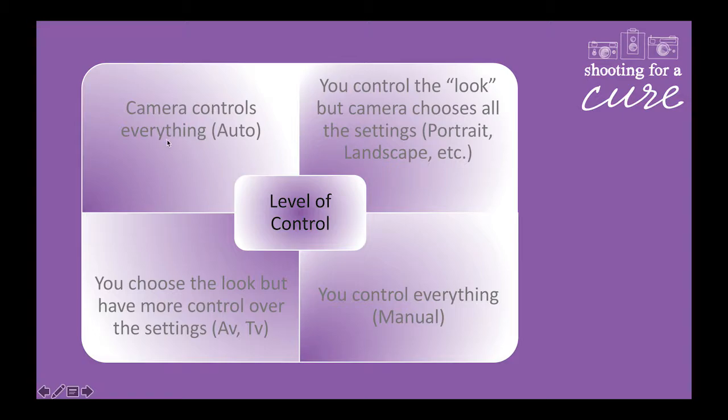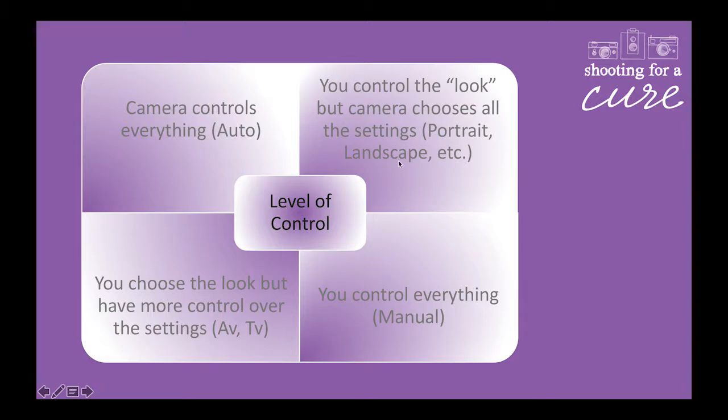You have no say in what the final picture will look like. The reason it looks a little better than your iPhone is because of the lens. You've got different lenses and different things that do make it look different than your iPhone, but it's essentially doing this. The camera is making all the decisions: what the shutter speed is, what the ISO is, what the aperture is.